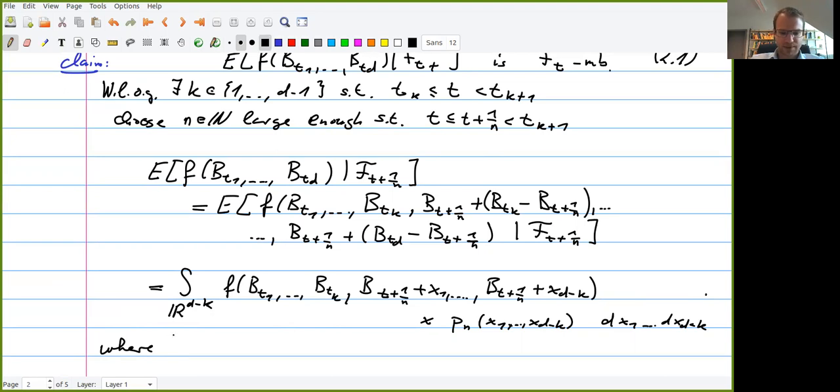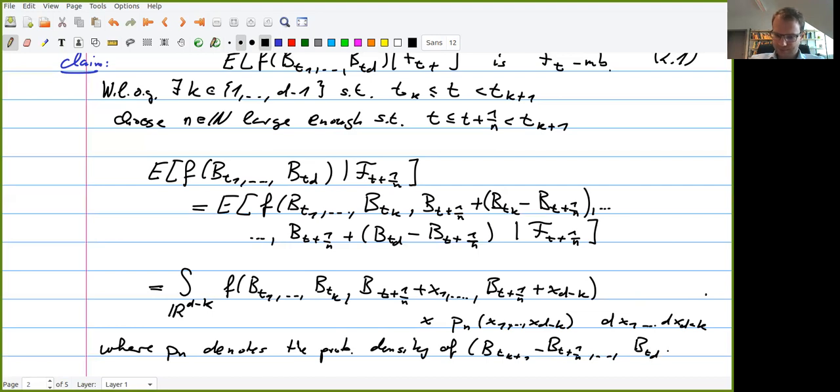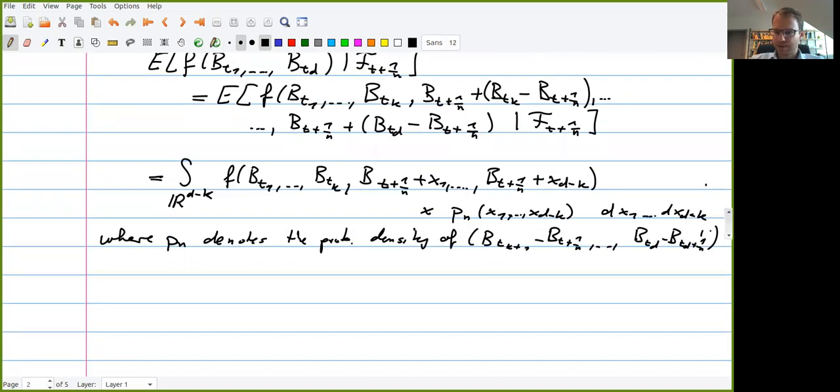Where p_n denotes the probability density of these increments here. And this is just a normal distribution, so there's nothing to worry about.